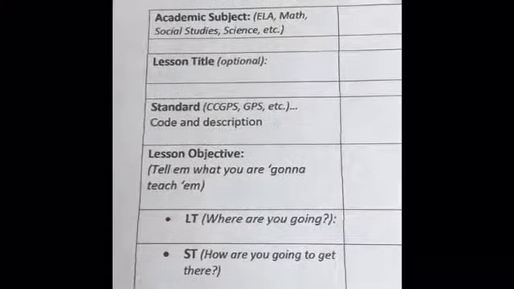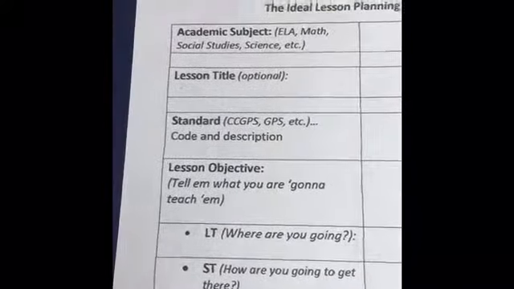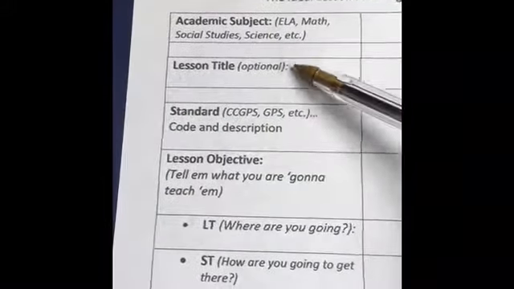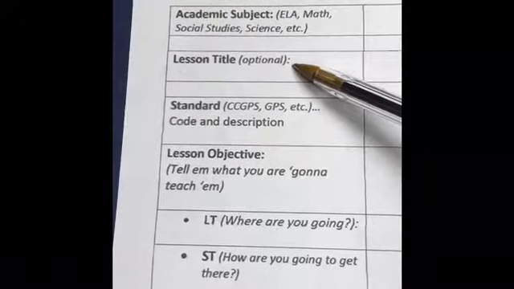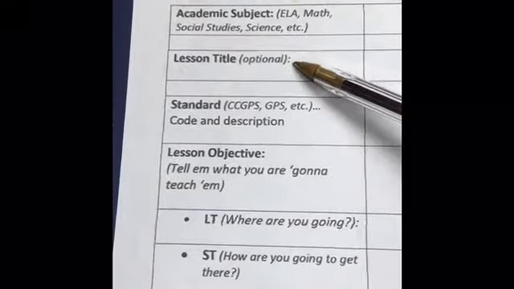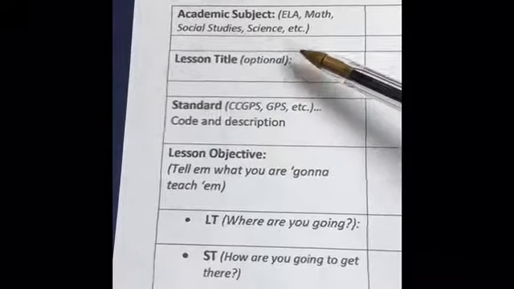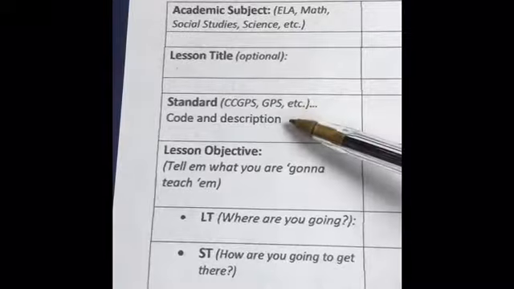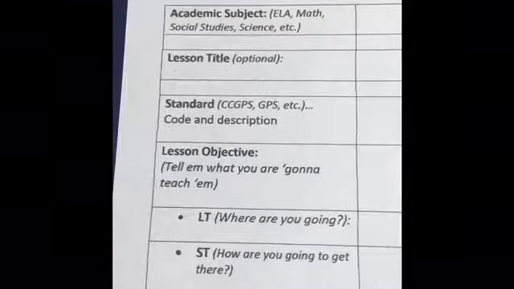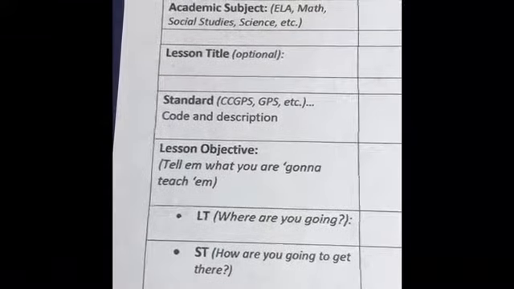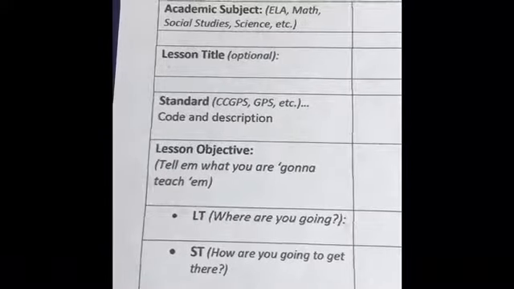Now of course at this point a lot of people will indicate a lesson title. I always did. Some don't like to do this. It just helps me to tie it all together. Then of course you want to talk about your standard. That could be Common Core or it could be particular to the state that you are in.